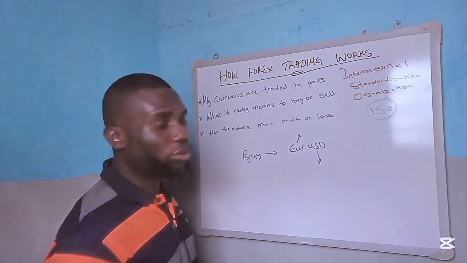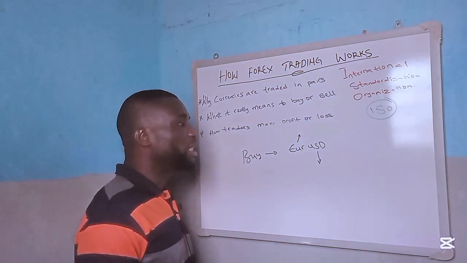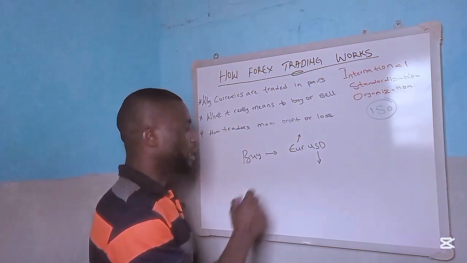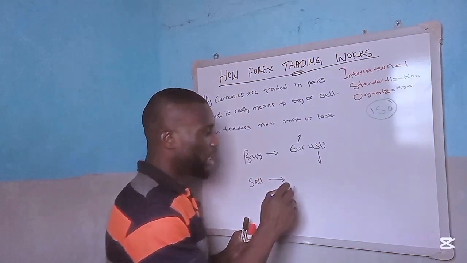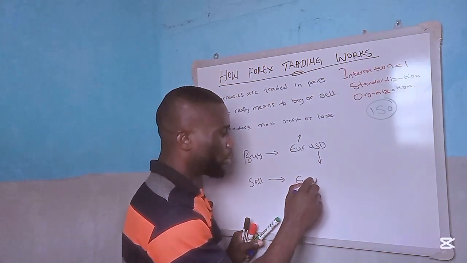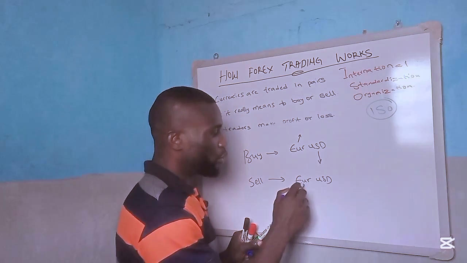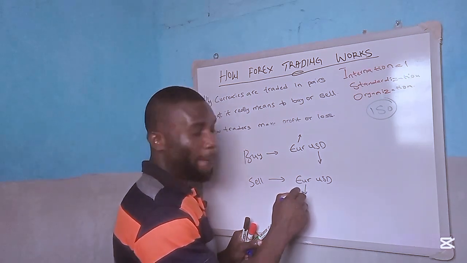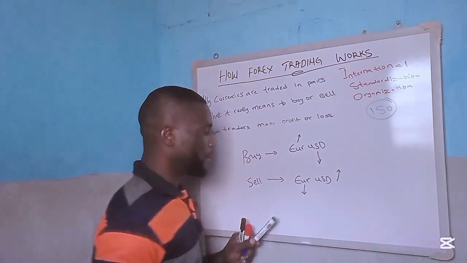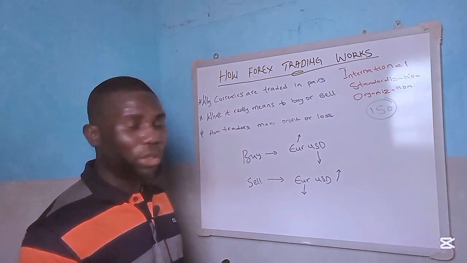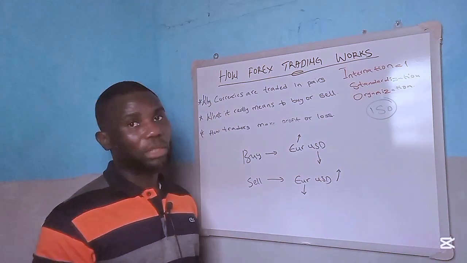The same thing happens when you click sell on this particular asset. What you are saying is the Euro should go down, then the USD should go up. That is what it means when you click sell on this pair.